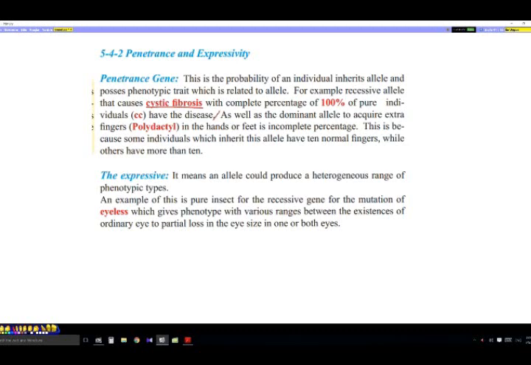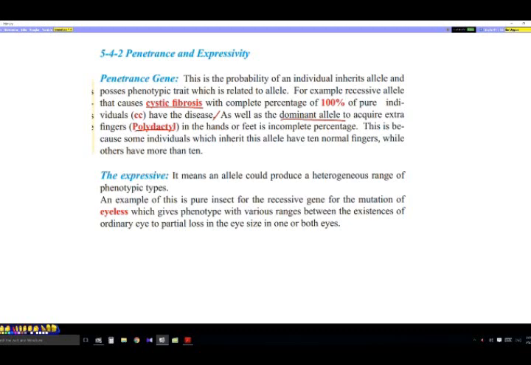So the people who suffer from cystic fibrosis need to have pure recessive alleles, as well as the dominant allele which causes extra fingers, because a dominant allele shows its effect not only if it is pure, but in hybrid cases too.